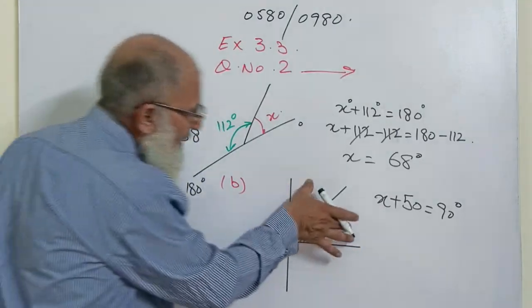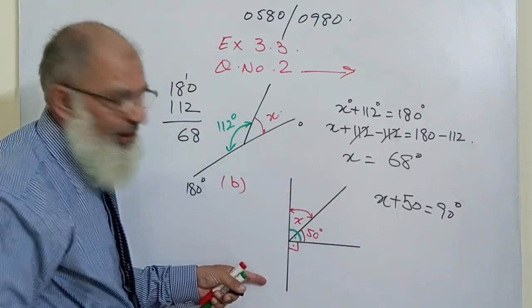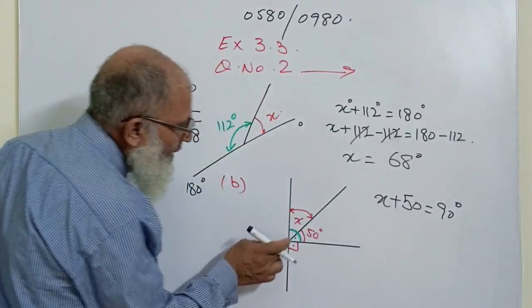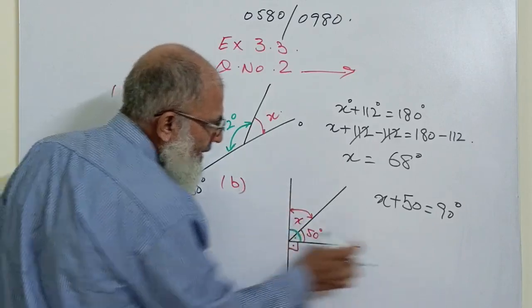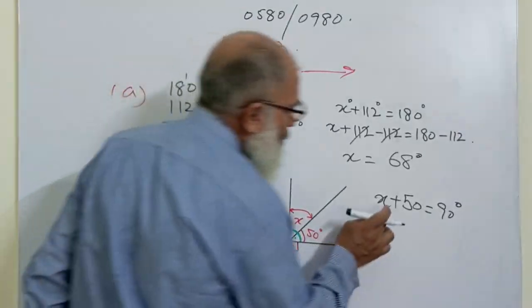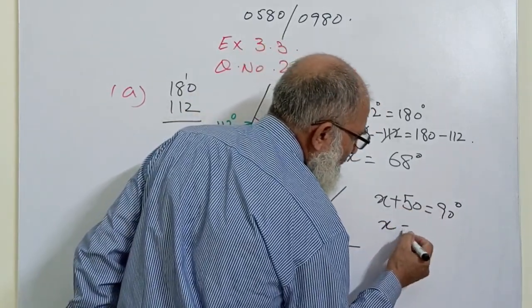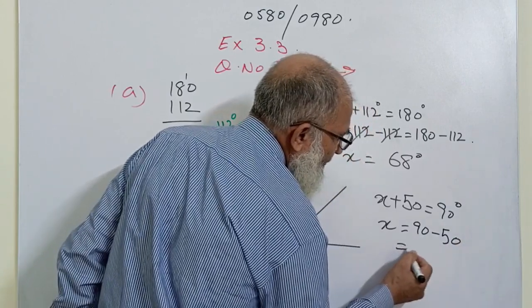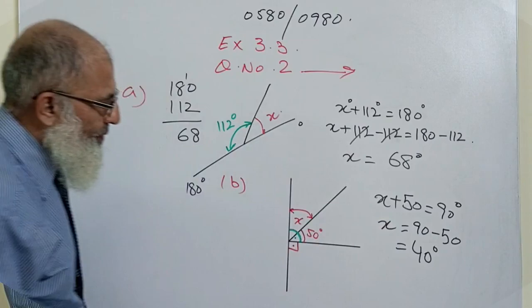The whole was a supplementary angle, and this portion only, 50 plus x, is the complementary angle. So we shift this 50 over here and subtract it, and the answer will be 40 degrees.